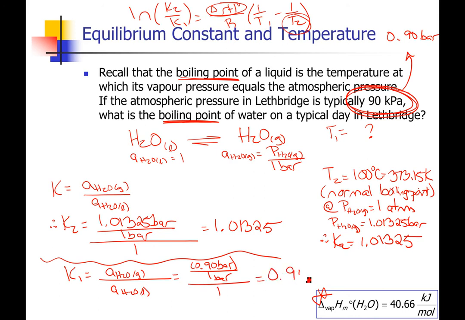So K1 is 0.90, and we can fill that in up here. Now we have information about K2 and K1 as well.